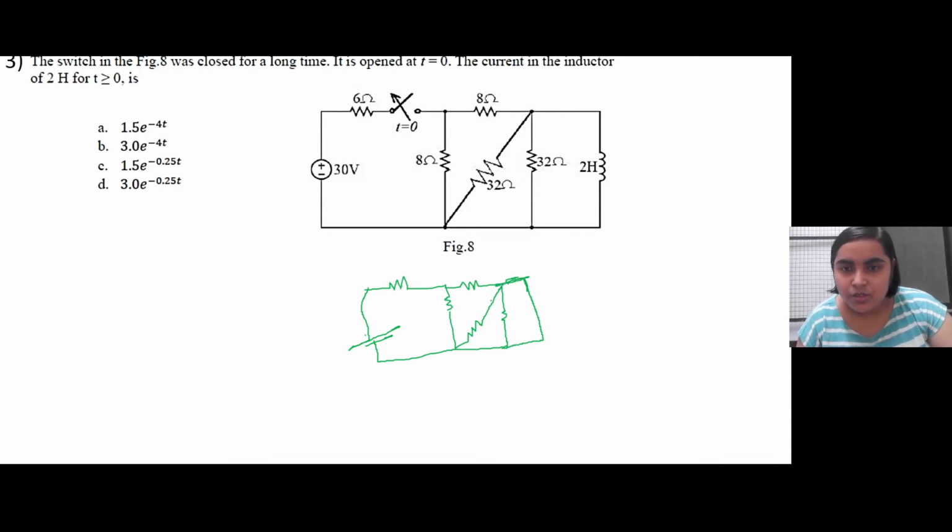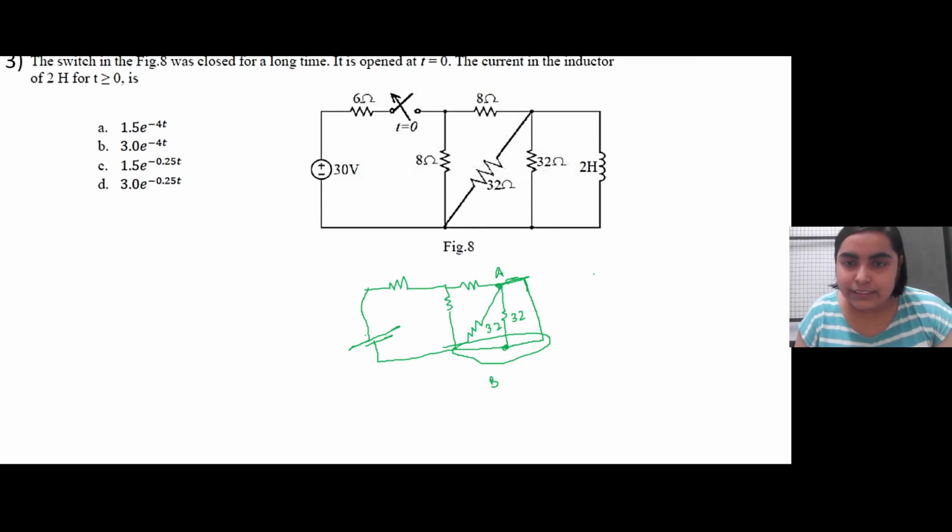See, this is node A, and this is a super node kind of a thing. So this is node B. This 32 ohm resistance, both of them are parallel with each other, and there is a short circuit across it, so they won't come into the picture at all.